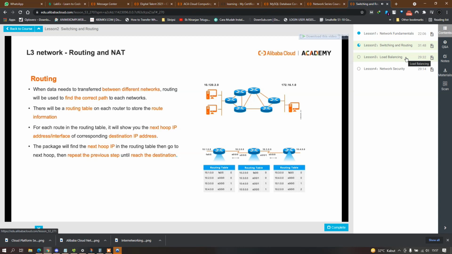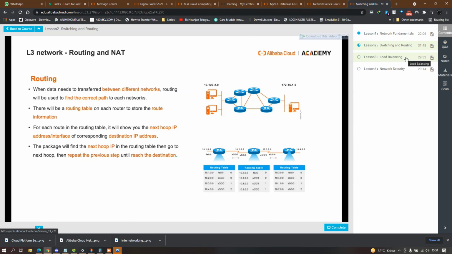For example, the routing table will show that if you want to go to the 182 segment, the next hop IP address is such and such, and if you want to go to the 198 segment, you should go to which interface, something like this.